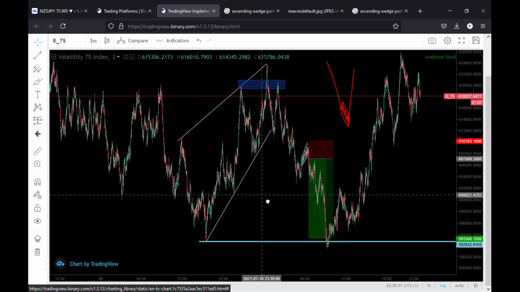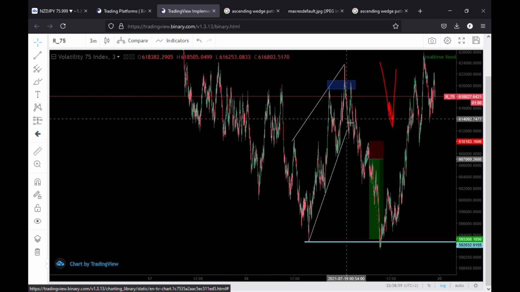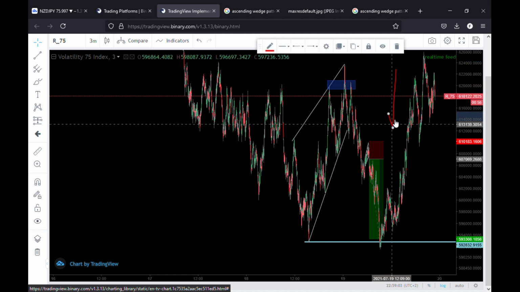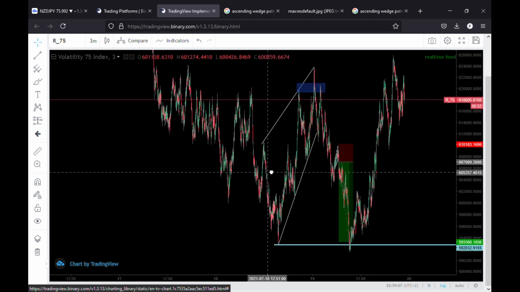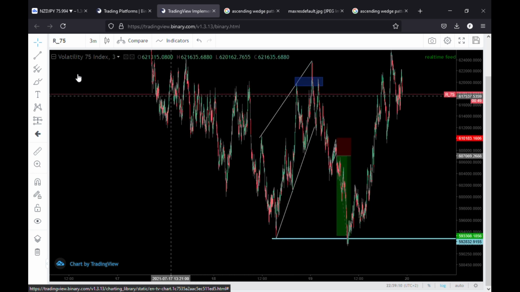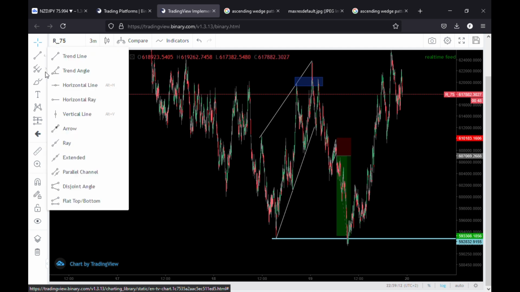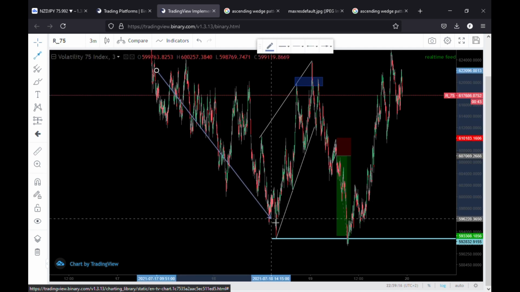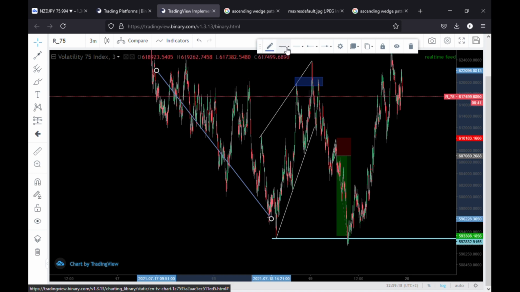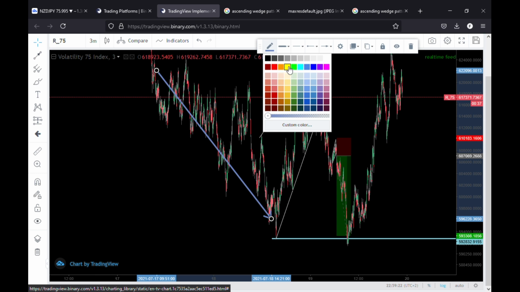And then look at this. This is interesting. Look at this. The double bottom pattern that I was talking about, that VIX respects a lot. This is it right here. We have a push to the downside. Let me just increase the thickness so that it's more visible and change the color.